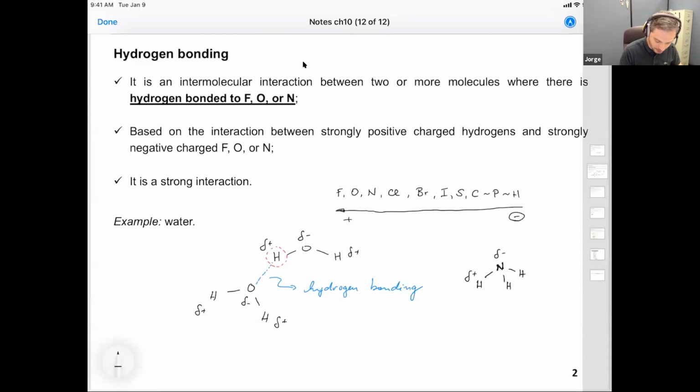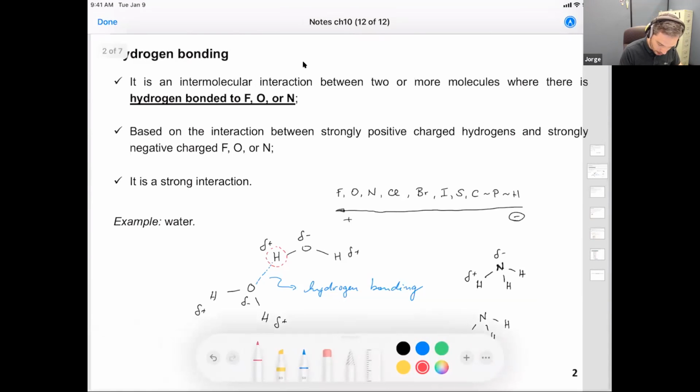And that will create a very strong dipole here, allowing the interaction between the hydrogen and another nitrogen from a neighbor ammonia molecule.